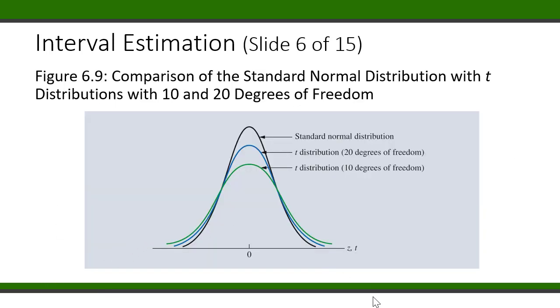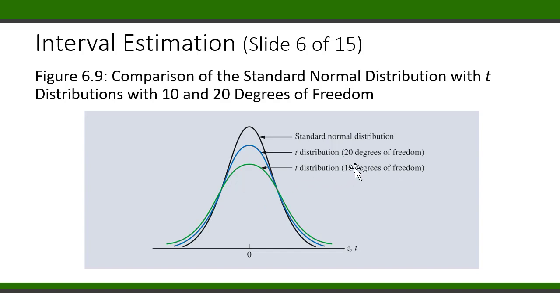So here's an example of a standard normal distribution. Then we have a t-distribution with 20 degrees of freedom, and then a t-distribution with 10 degrees of freedom.